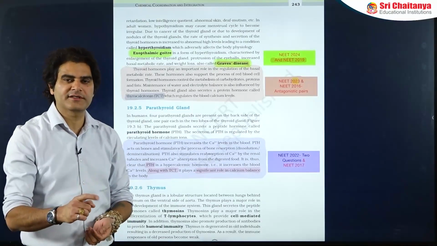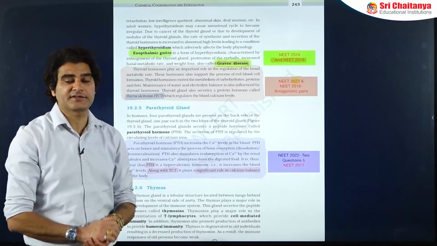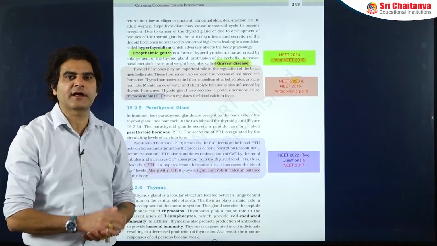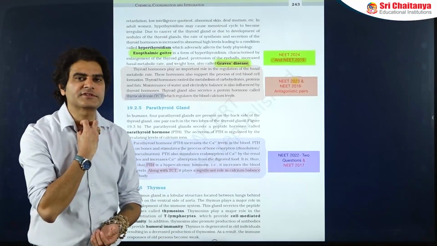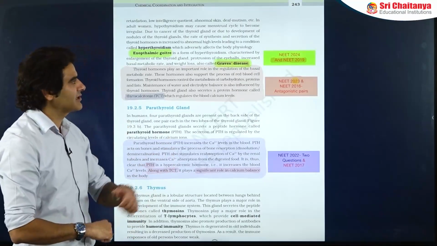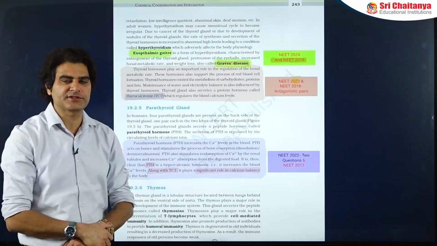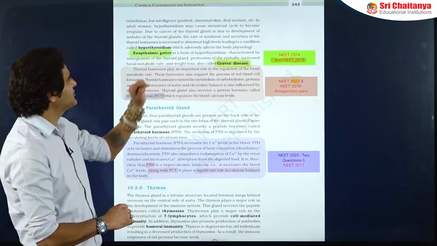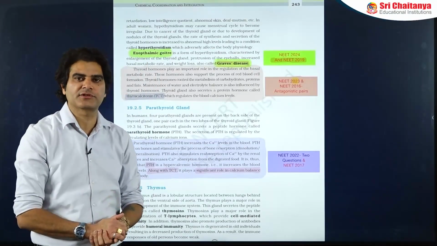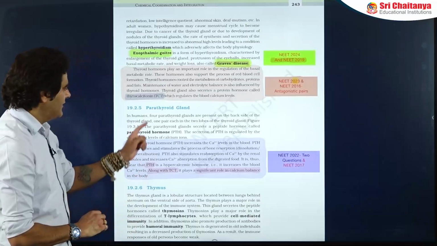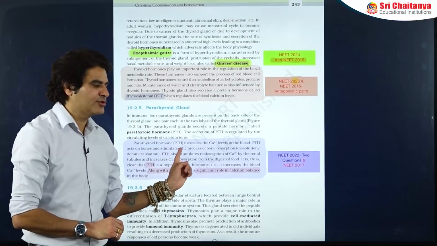So simple goiter is iodine deficiency that results in enlarged size of thyroid gland, so there will be a visible protrusion in the throat of the person, which is the enlarged thyroid. That's simple goiter, which will be a hyposecretion disorder, while exophthalmic goiter will be a hyperthyroidism disorder with excessive production of thyroid hormones. Parathyroid gland only produces one hormone, PTH.